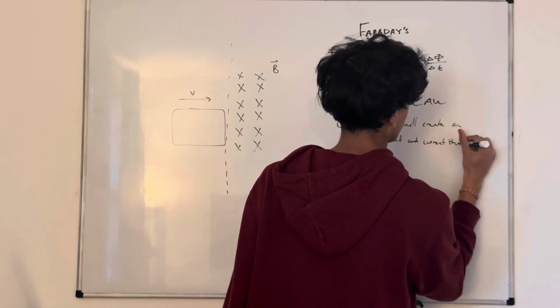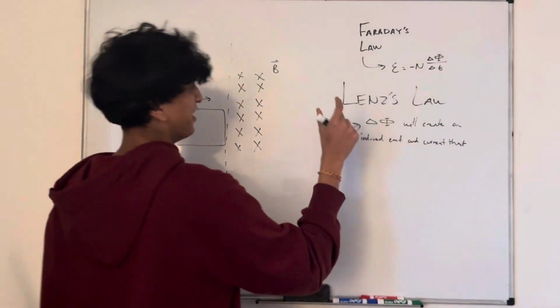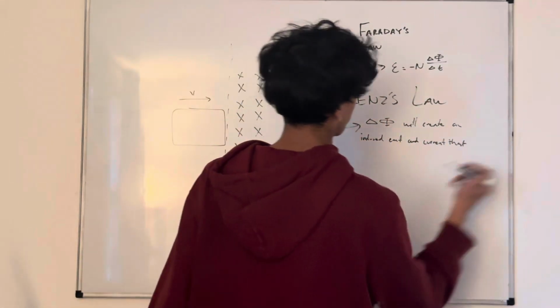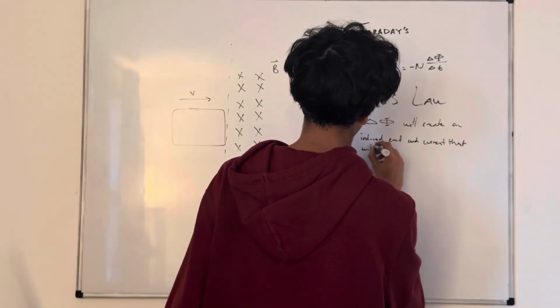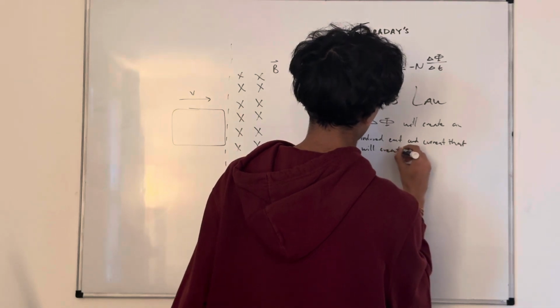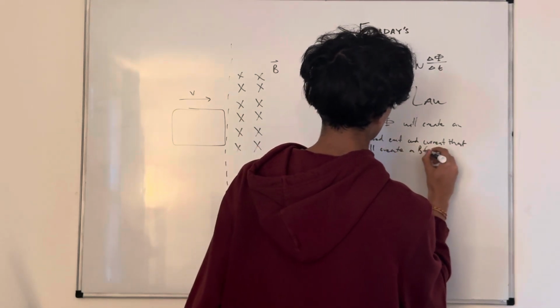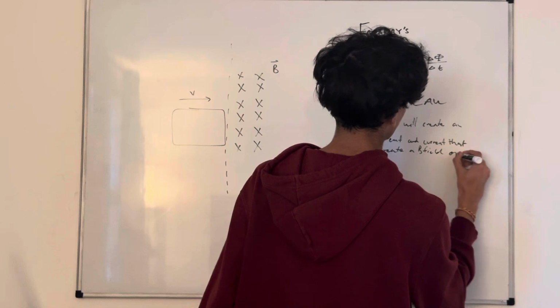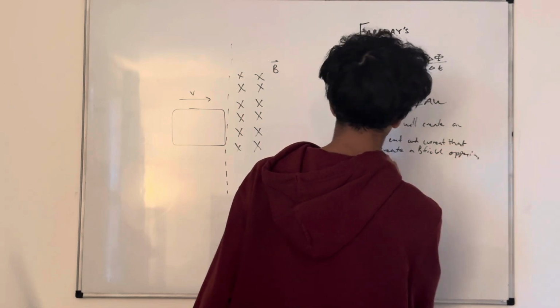A change in flux will create an induced EMF and current that will create a B field opposing the change in flux.